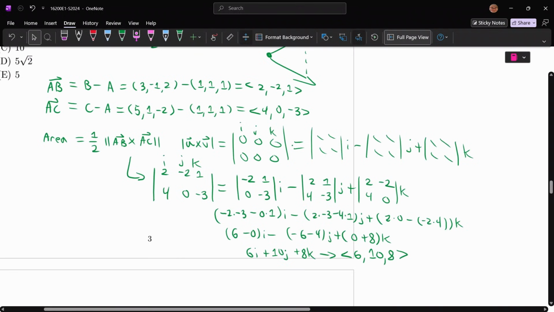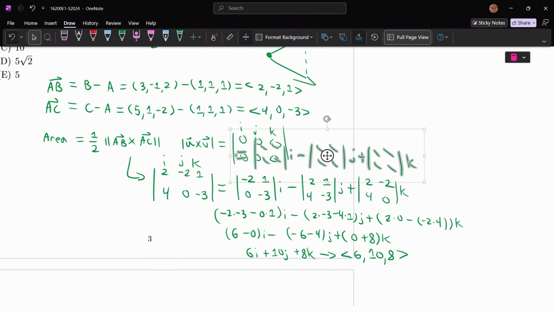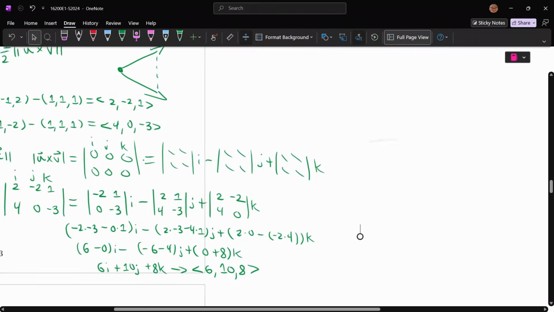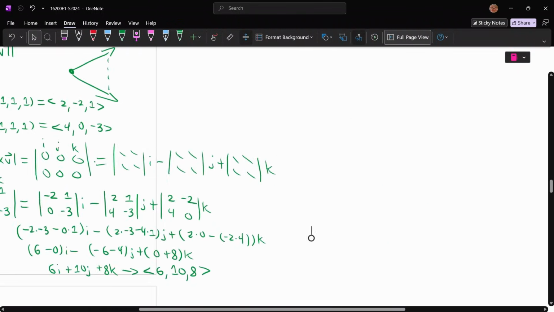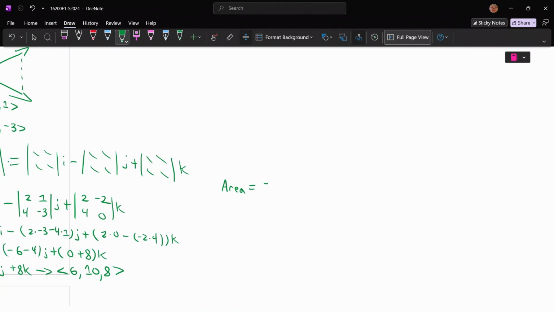And so then going back to this equation over here, all we have to do is take the magnitude of our vector. Let me rewrite the formula over here so we know that area is equal to 1/2 AB cross AC.